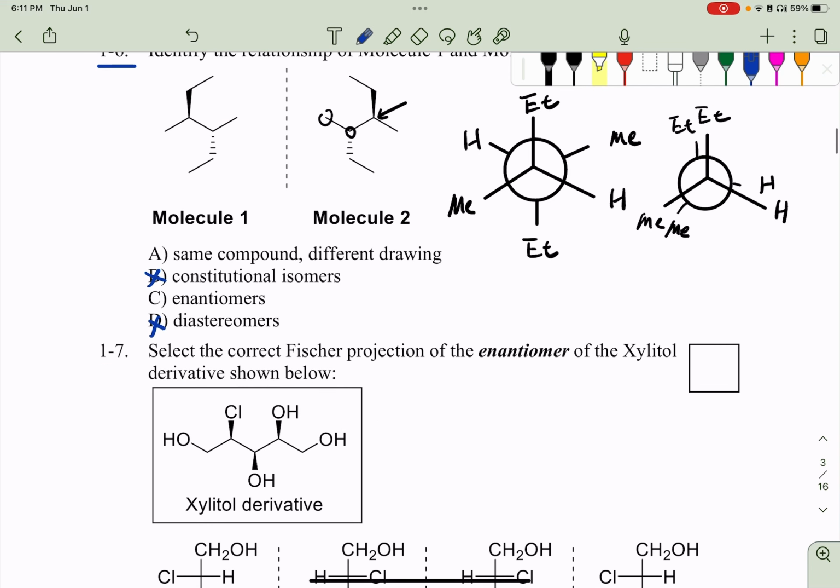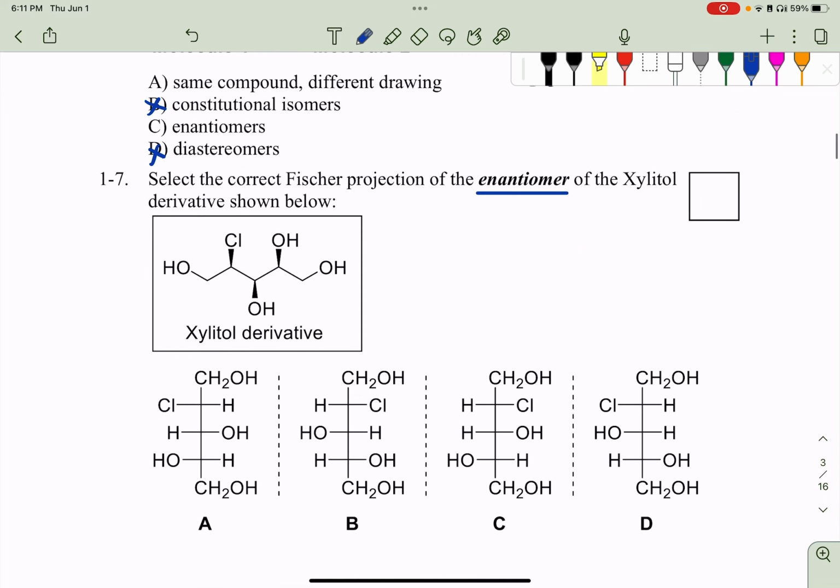Okay, let's keep going. Fischer projection of the enantiomer of this molecule here. So there are 2 different ways to do it. If you're really familiar with Fischer projection, you can just go ahead and draw it, or you can assign the stereocenters and then find the correct one. So let's just do it the hard way.